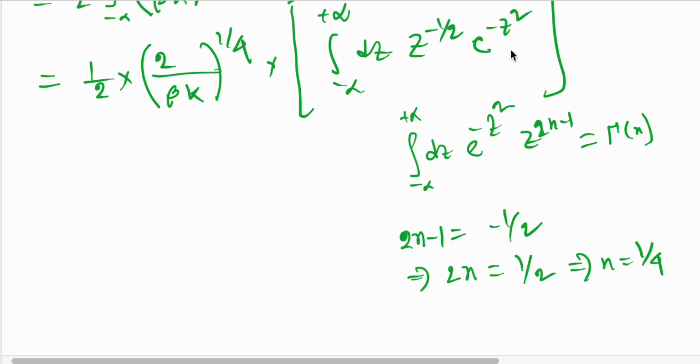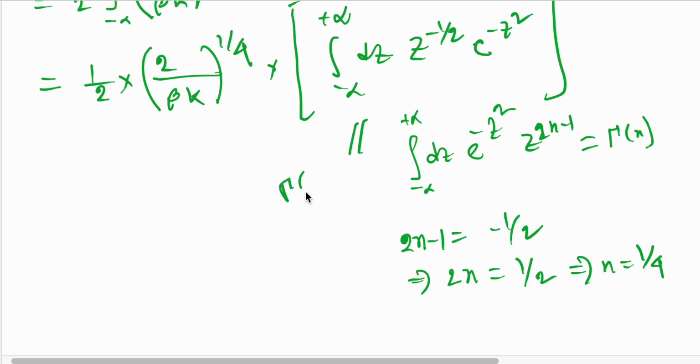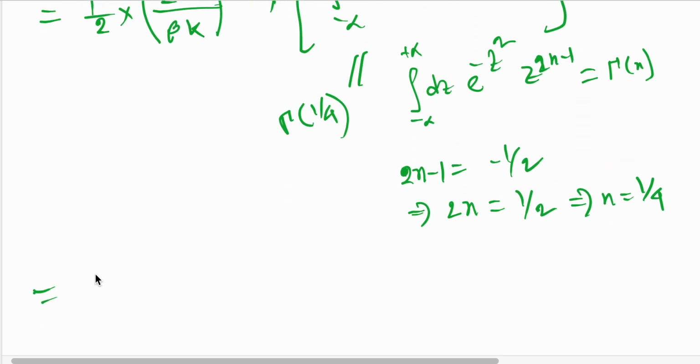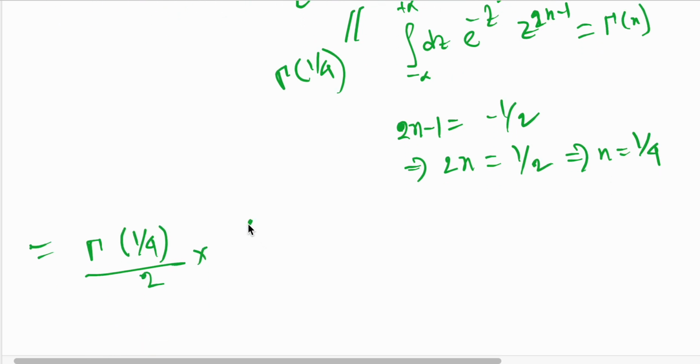So this integration equals gamma 1/4, which is basically a constant. So that is gamma 1/4 by 2 into 2 by beta k to the power 1/4.